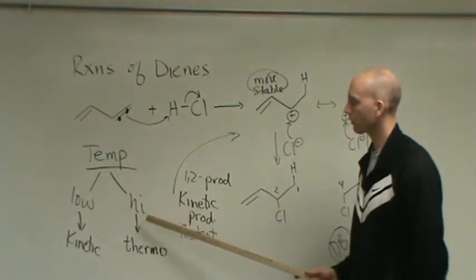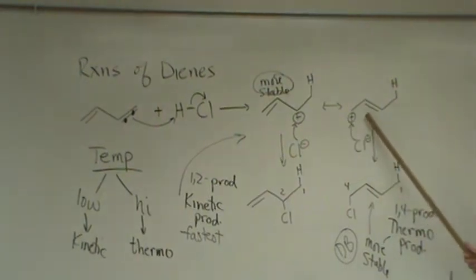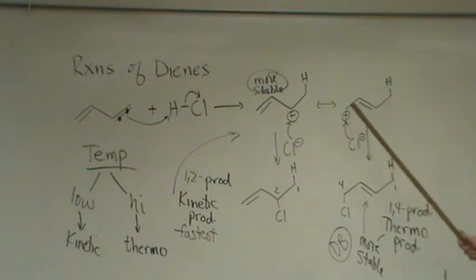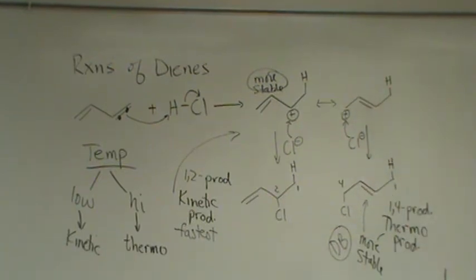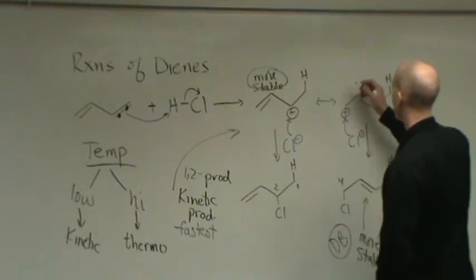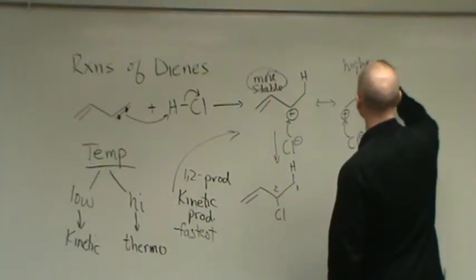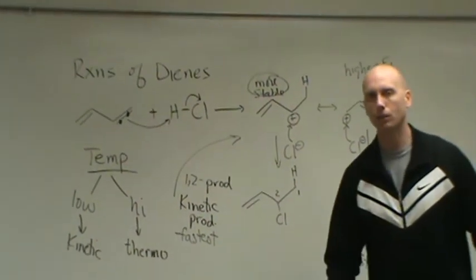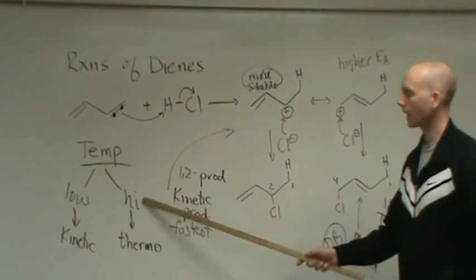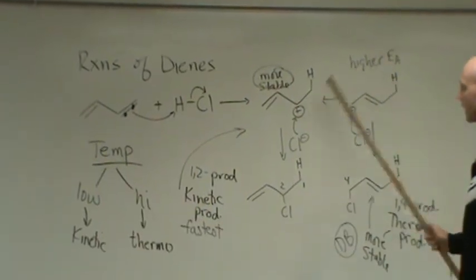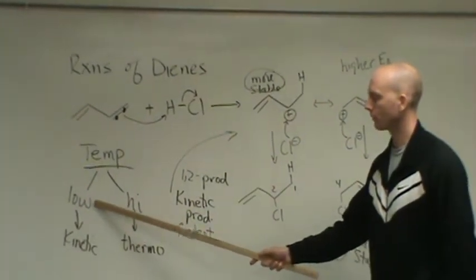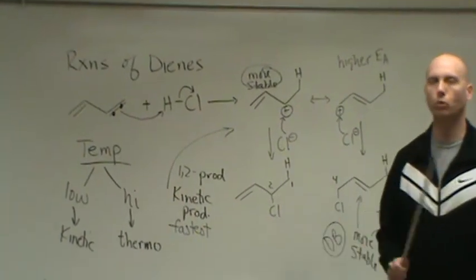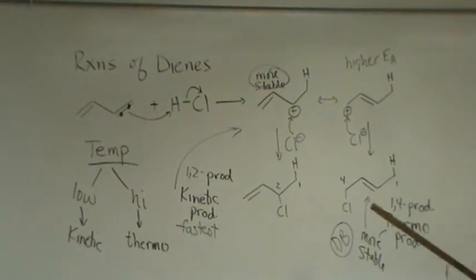Over here, for the thermodynamic product, this is a lower stability carbocation, and so the activation energy will be higher. And since I have a higher activation energy, I'm going to have to use a higher temperature to get over that hill compared to this one. And so at higher temperature, this one can form, and once this one forms, we're locked in because of its high stability.